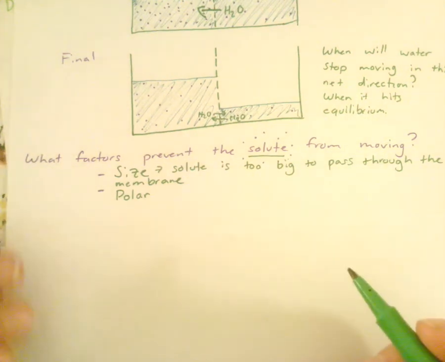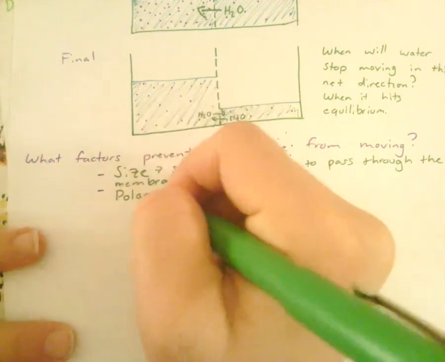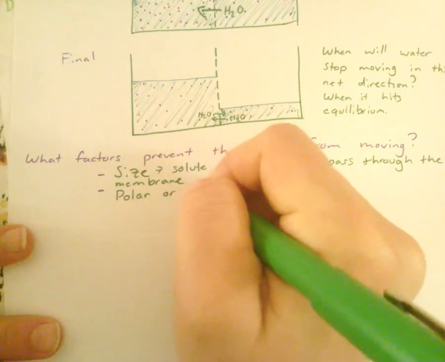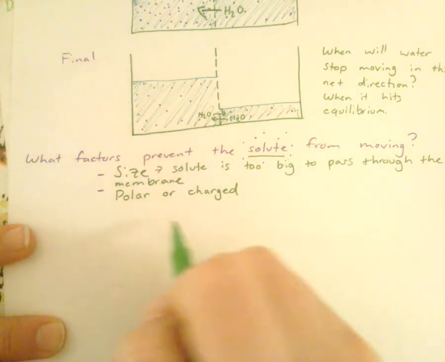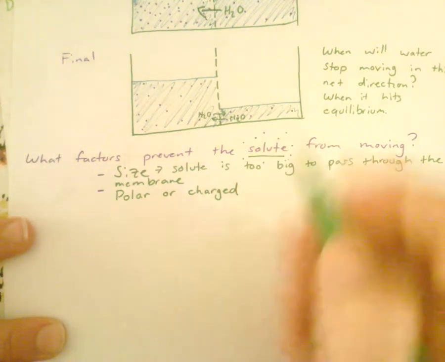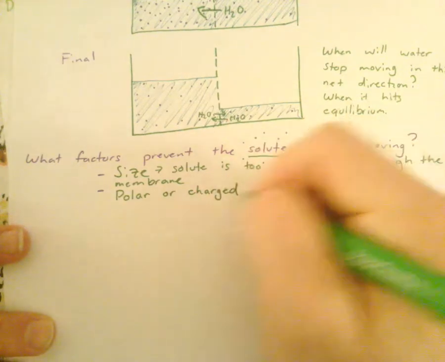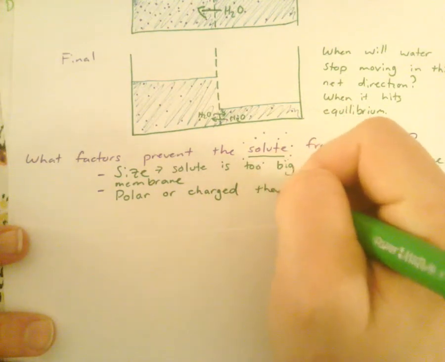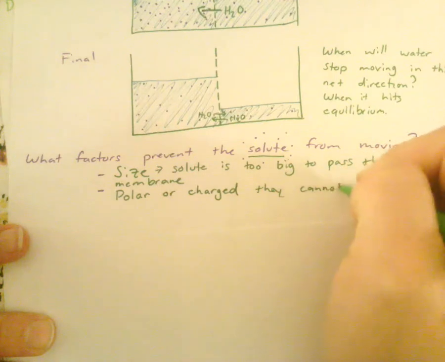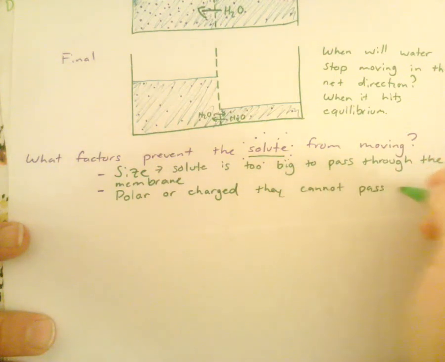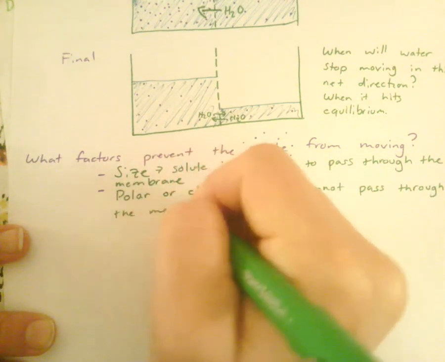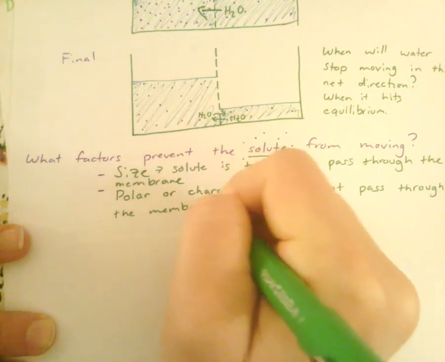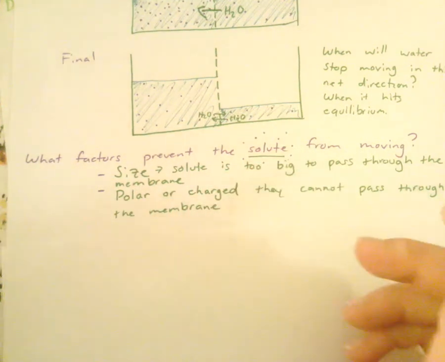So this is talking about polar, or if they are charged particles, they cannot pass easily through the membrane. Sorry, Rosie's barking, but the charged particles cannot move through the membrane.